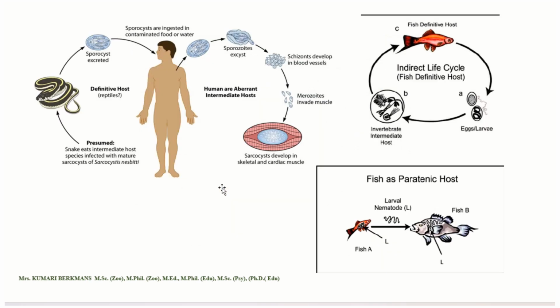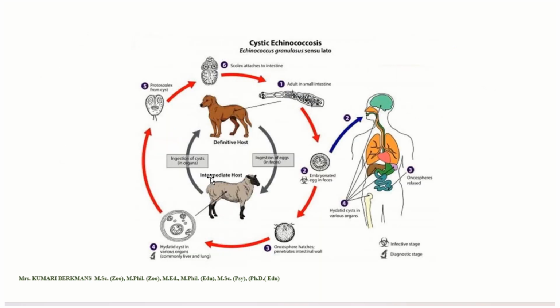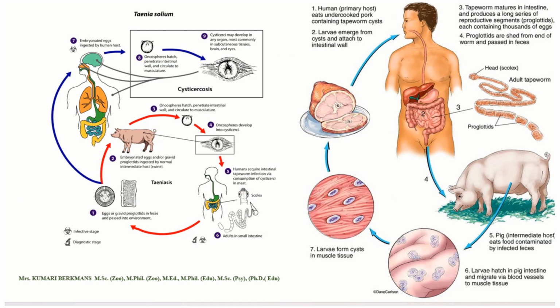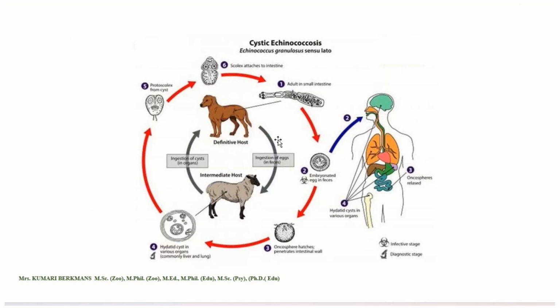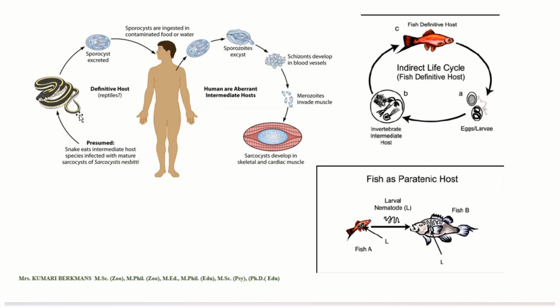You can see here, in this the definitive host is the reptile, that is, the snake. From this, the sporocyst is excreted. If a snake bites, or the human being eats the snake, then it moves from here to the human body, and then it lives in the muscle.